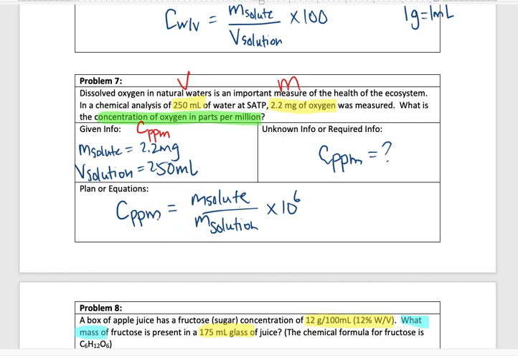All right, so again, remember we need to have the same units when we are dividing the mass and mass. Right now we have a milligram mass and we have a volume of milliliters. So what you need to do here is get everything to the same units. So we'll go to grams, okay? So in this case, if you have 2.2 milligrams, we're going to divide by 1,000 to get to grams. You're going to get scientific notation maybe on your calculator.